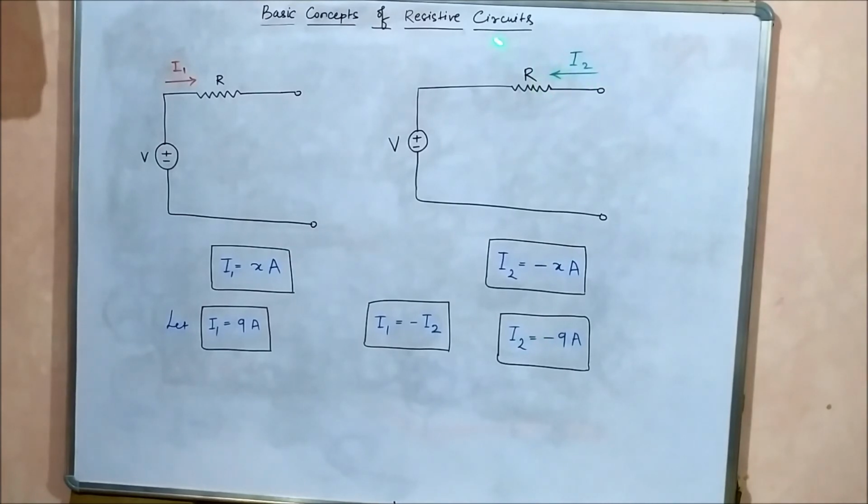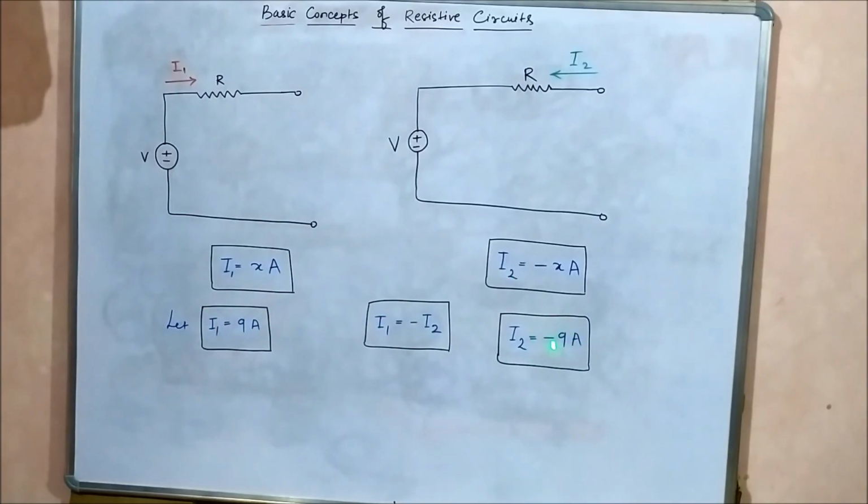You can also see it in this way. Let's say the current flowing in this direction, I2, is minus 9 ampere. Then in the opposite direction, I1 will be minus of minus 9 ampere, which will be plus 9 ampere. Either way it will be correct.